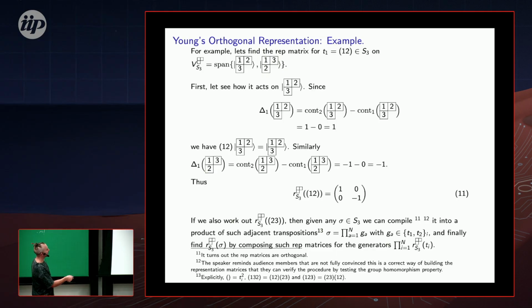Okay, I build this one, you can build this one. Once you build this other one, since (1,2) and (2,3) are all generators of S3, then for any of the 6 elements of S3, you can find the 2x2 matrix by decomposing it into a product of (1,2) and (2,3), and then taking a product of generators like this, okay? An exercise.